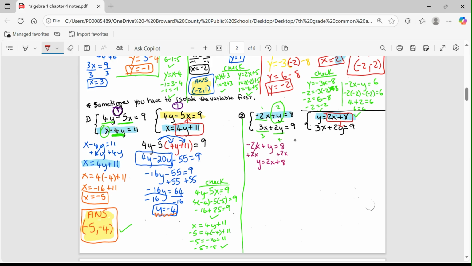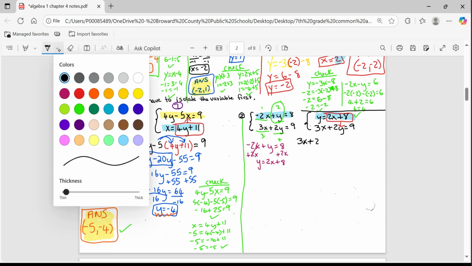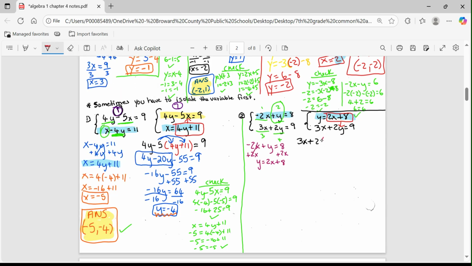So now you would have, let's go with black again, 3x plus 2y, and now y is equal to 2x plus 8, and it's equal to 9. All right, now go ahead and pause me and take it from there.